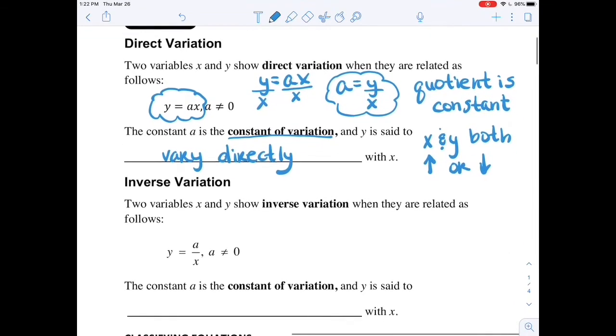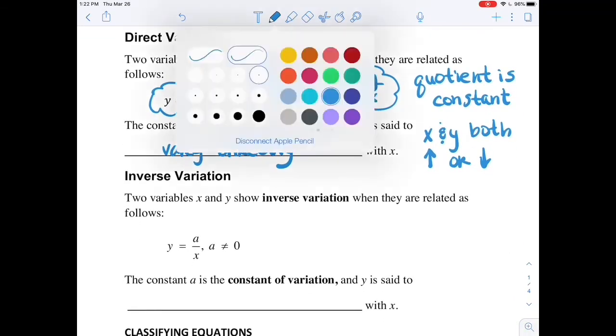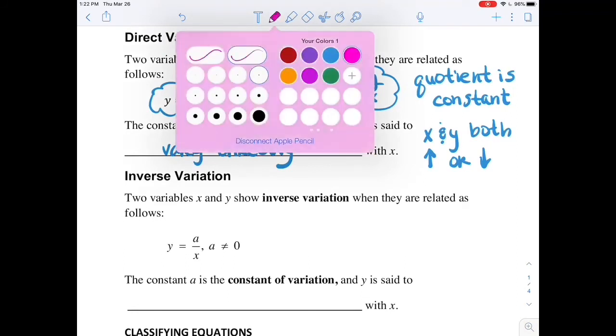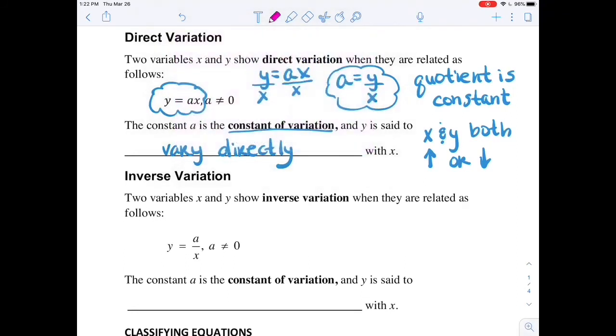The opposite of that is called inverse variation. And inverse variation occurs when our equation looks a little different. Instead of a times x, we have a divided by x. So here is the other equation for inverse variation. We can also take this equation and rearrange it to solve for a.